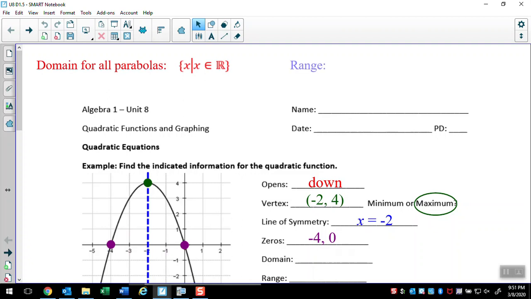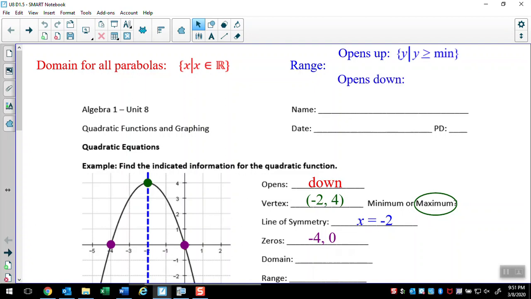Our range is going to depend on if it opens up or if it opens down. So let's start with if it opens up. If our parabola opens up, it's going to follow this pattern: y such that y is greater than or equal to whatever the minimum y value is. You would not actually write minimum here, you would put a number in the spot, and you'll see that as we go through our examples.